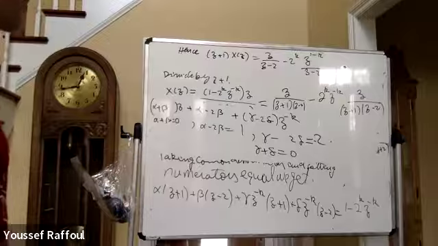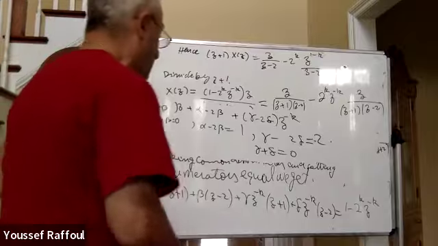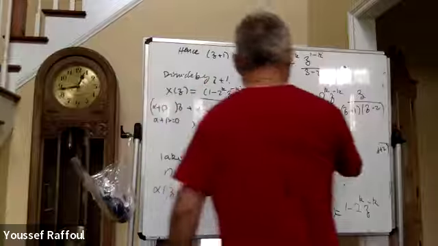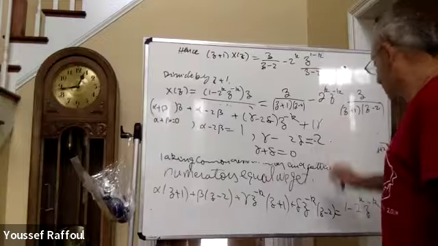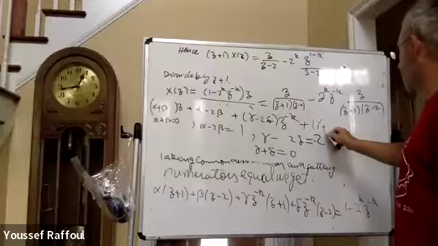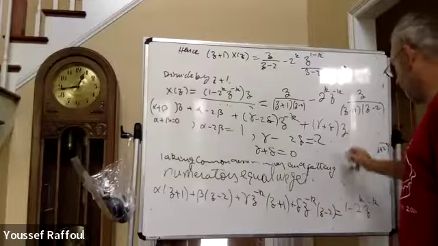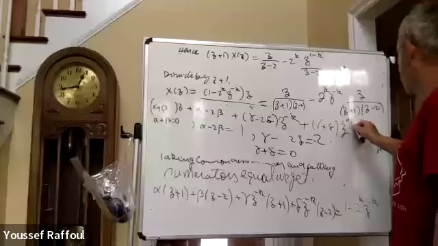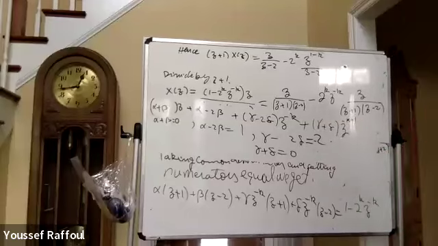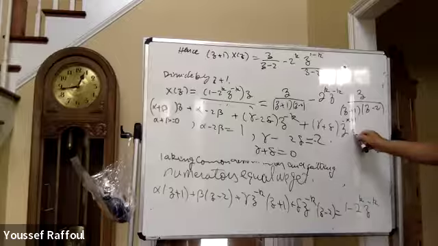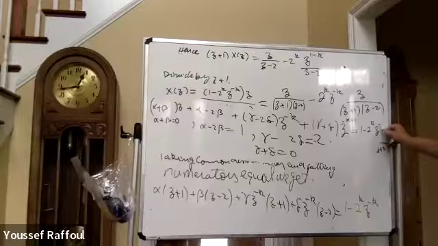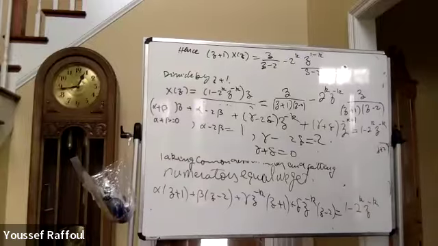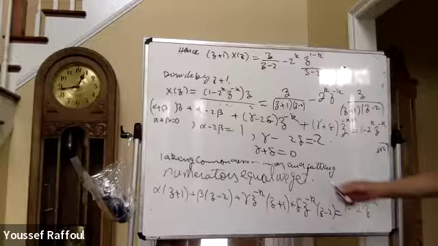So where is this gamma plus delta equals 0? You see, you're going to have a plus gamma plus delta z minus k plus 1, and all that is equal to 1 minus 2 to the power k, z minus k. You see?